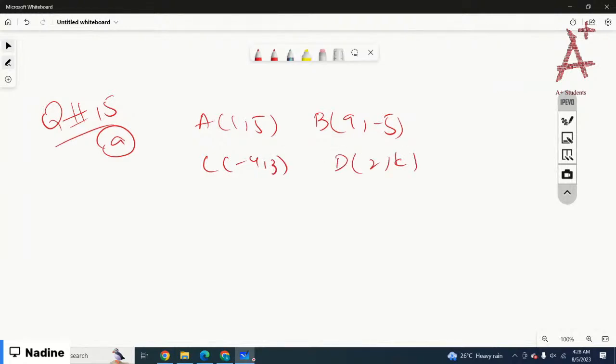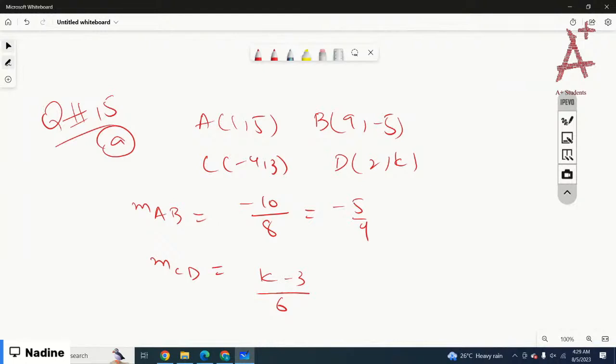Let's just calculate the slope of line AB. Negative 5 minus 5, that would be negative 10. 9 minus 1 is 8, so it would be negative 5 over 4. Let's just calculate the slope of CD. It would be K minus 3 divided by 2 minus negative 4, that would be 6.